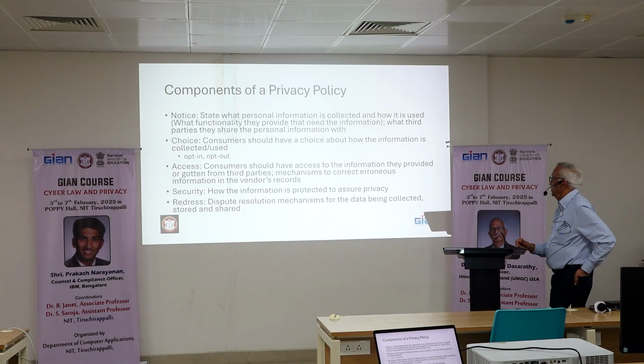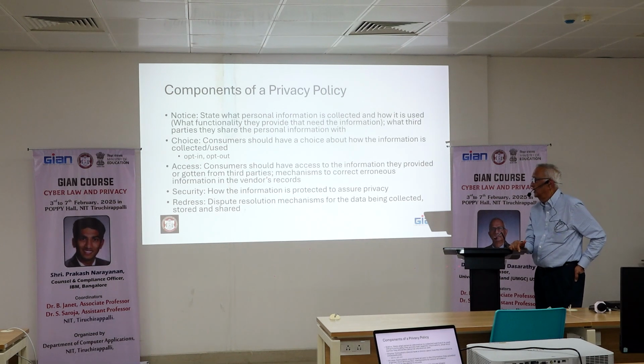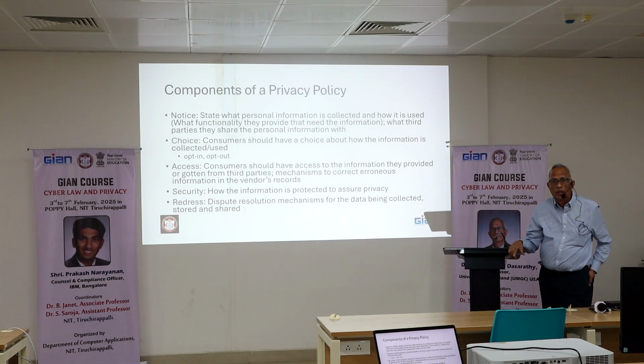So in general, consumers should have a choice about how the information is collected and used, and you should be able to opt in or opt out. In Europe, GDPR requires you to explicitly opt in.